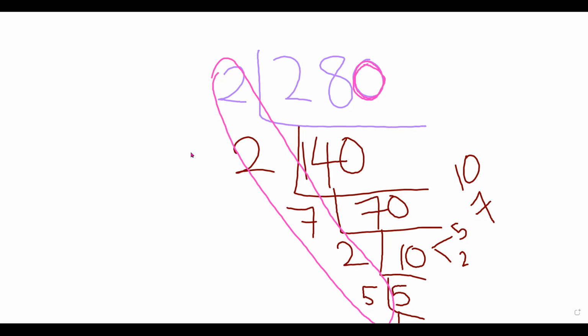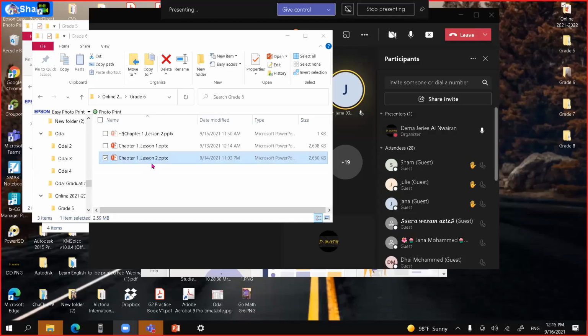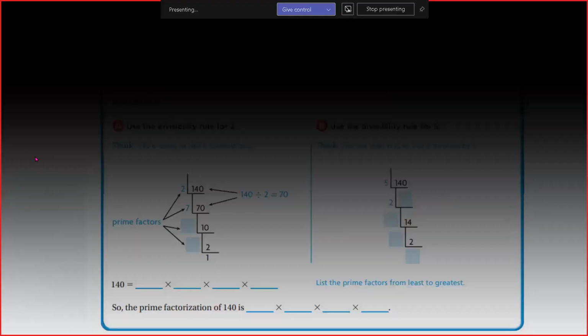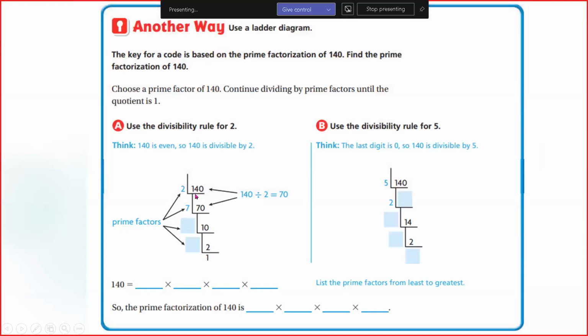Now here, let's go back in order to repeat the ladder diagram. What do we have here? We have 140 divided by 2. Now I want you to think about two factors of 140. They are 2 and 70.